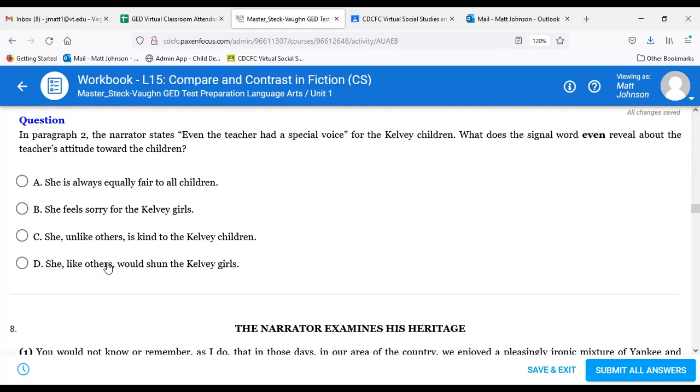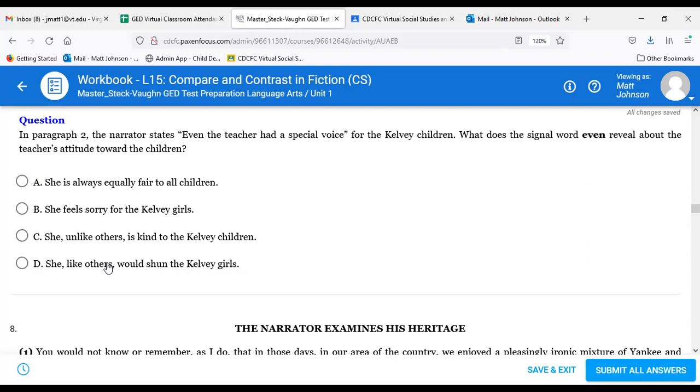In paragraph 2, the narrator states, "Even the teacher had a special voice for the color children." What does the signal word "even" reveal about the teacher's attitude toward the children? A, she is always equally fair to all children.